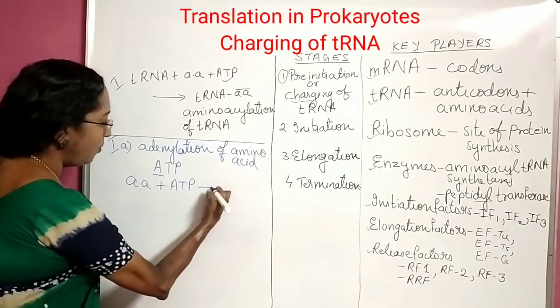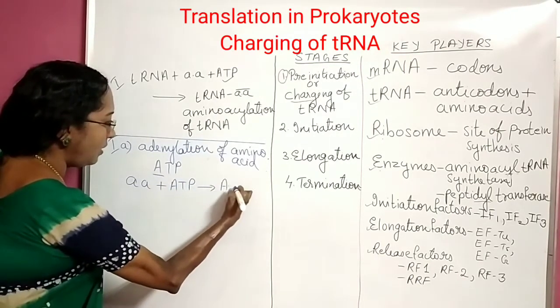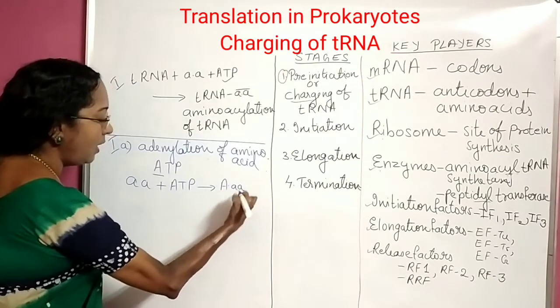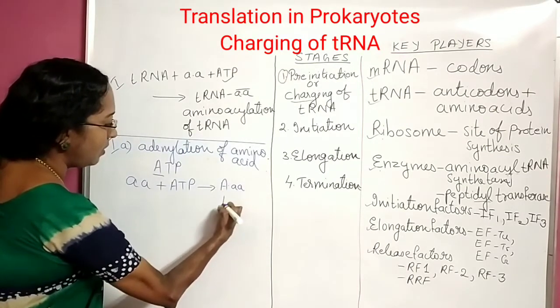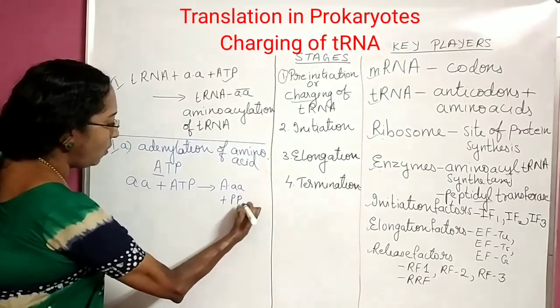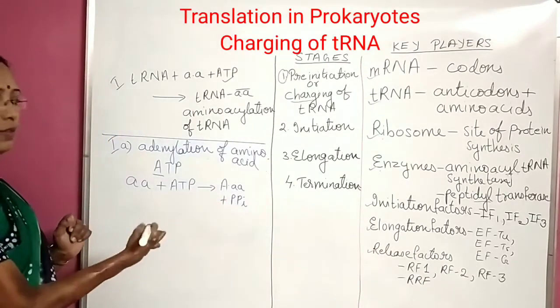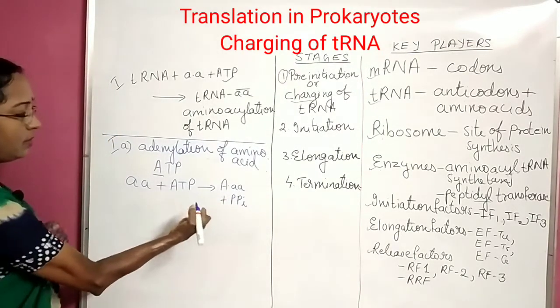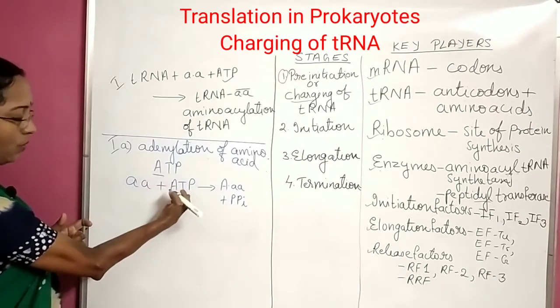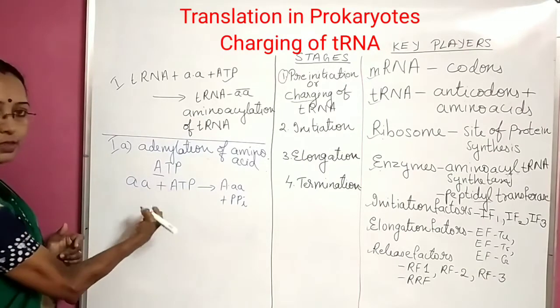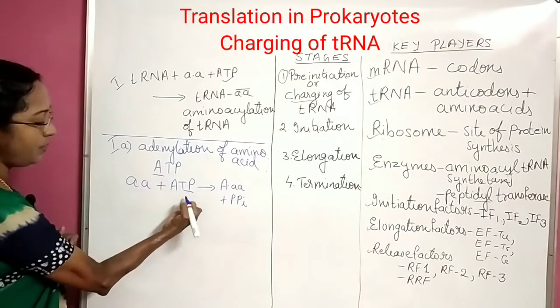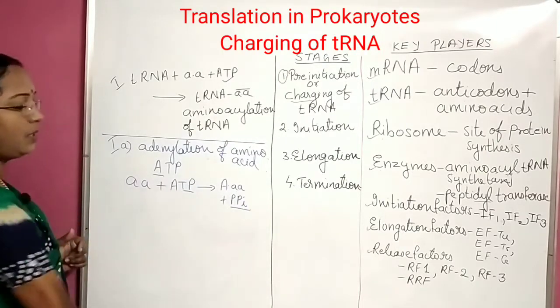So my amino acid is now adenylated, and then 2 inorganic phosphates are released. From the ATP, 1 phosphate is taken for this conversion for energy, and the rest 2 phosphates are coming out here.